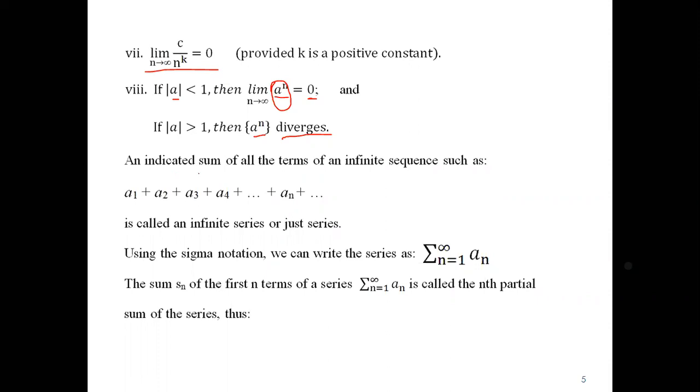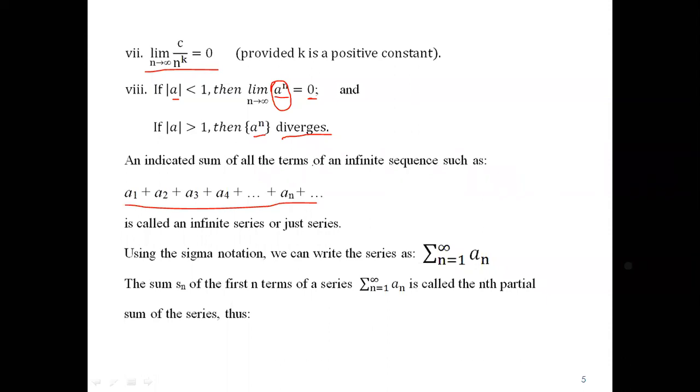As indicated, an indicated sum of all the terms of an infinite sequence, such as this one. This is the sum of the terms of an infinite sequence. Because what we were looking at previously was just terms being lined up one after the other.